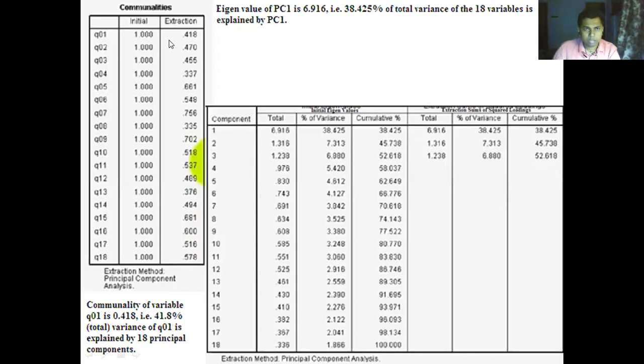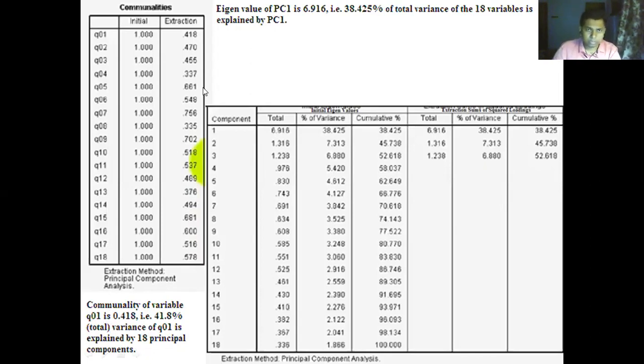It means 41.8% of the variance of q01 is explained by the 18 principal components. This is basically the total variance.